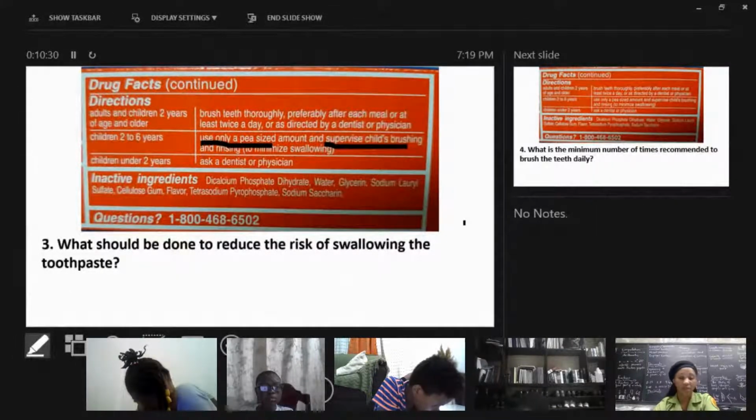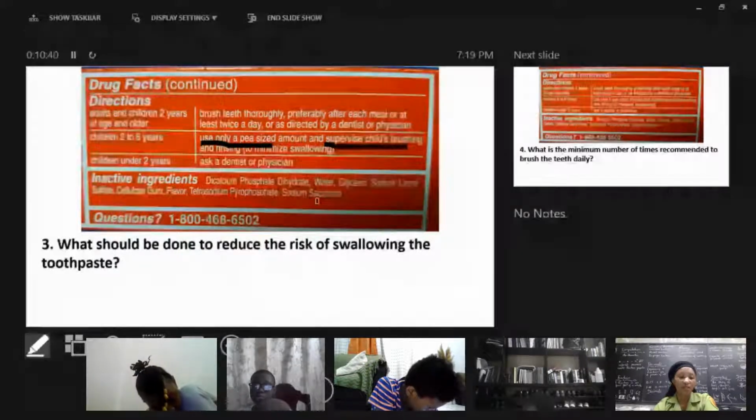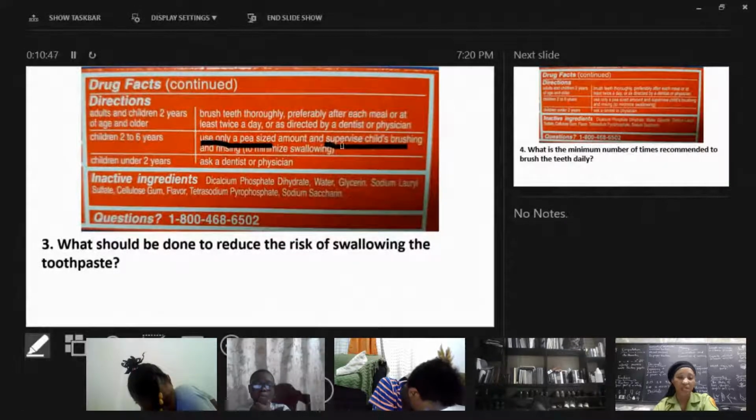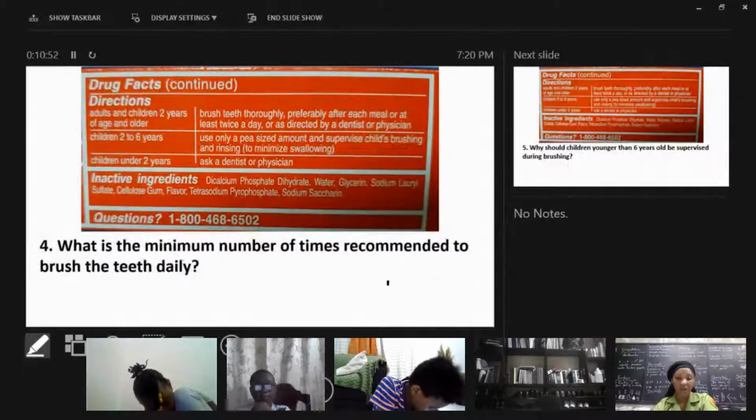It's going to be too much froth in the mouth, and the child might swallow the toothpaste, which is dangerous. Minimize that risk by making sure it's only a pea-sized amount and that you supervise the child to see what he or she is doing. Amari, question 4.